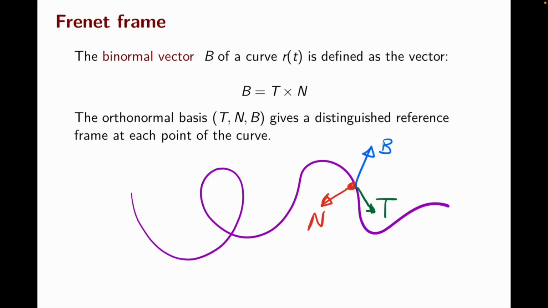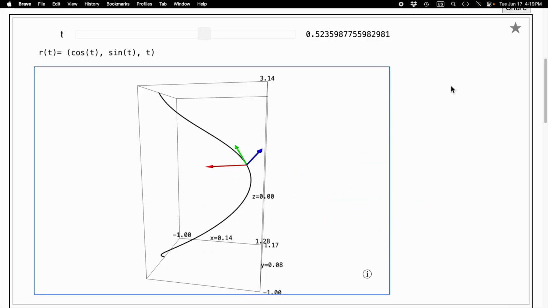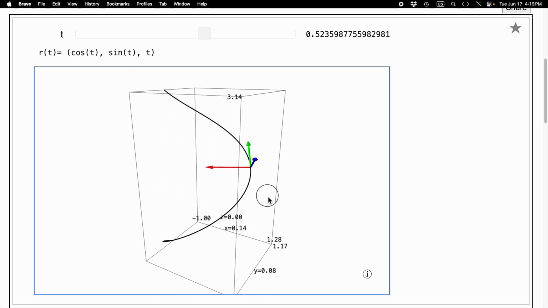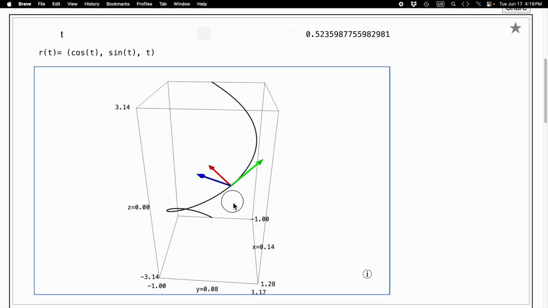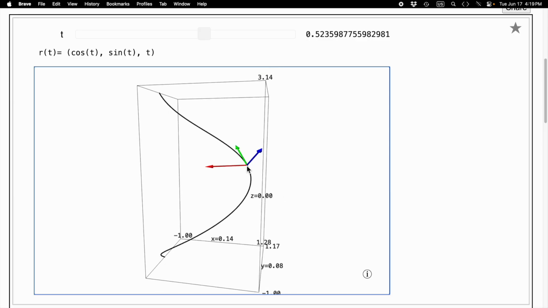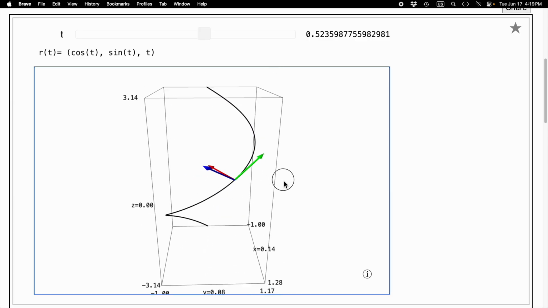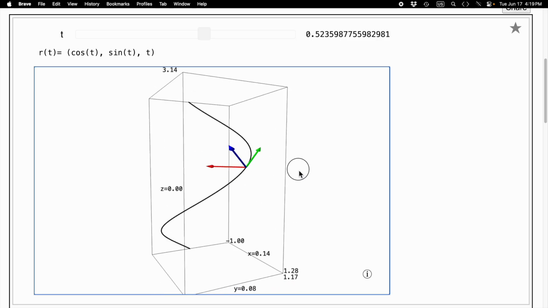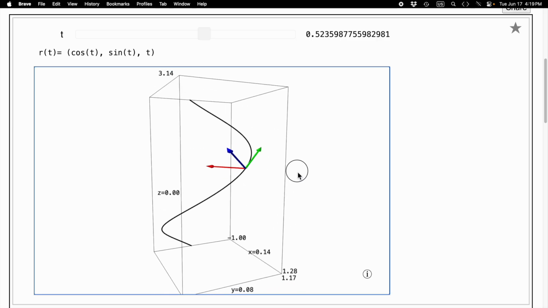So let's see how this looks. We have here represented this curve in black, the curve given by this equation, cosine t, sine t, t. This is a helix, and we can see this curve in different ways. And at this particular parameter t, we have represented here the three vectors of the Frenet frame.